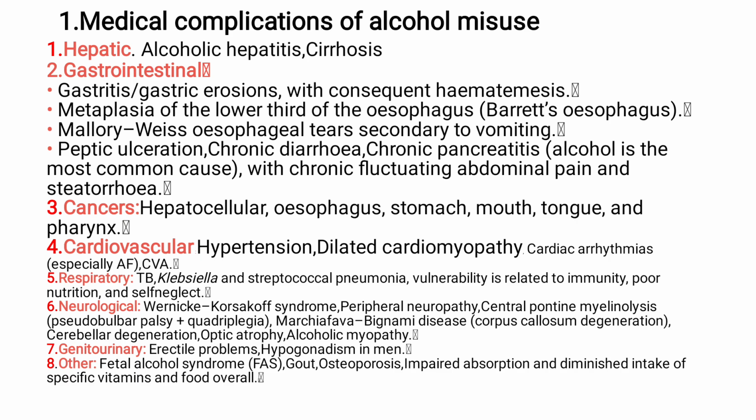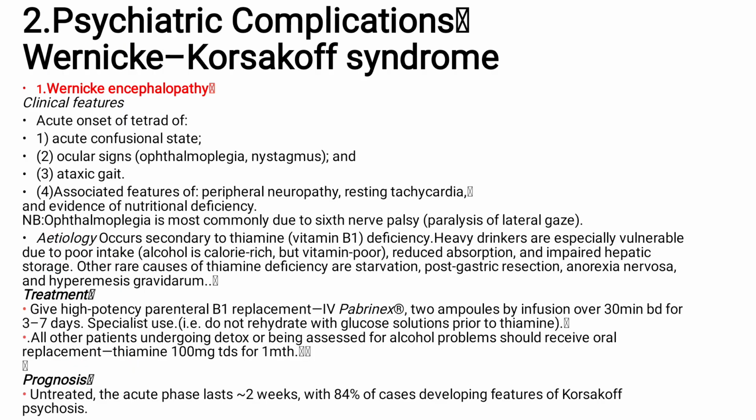Cardiovascular problems like hypertension and dilated cardiomyopathy. Respiratory problems like infections including TB, Klebsiella, and streptococcal pneumonia. Neurological problems like Wernicke-Korsakoff syndrome, peripheral neuropathy, among others. Then genitourinary problems like erectile problems, and others like fetal alcohol syndrome and gout.